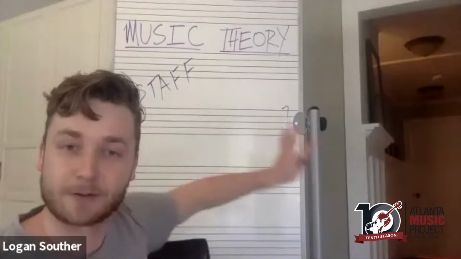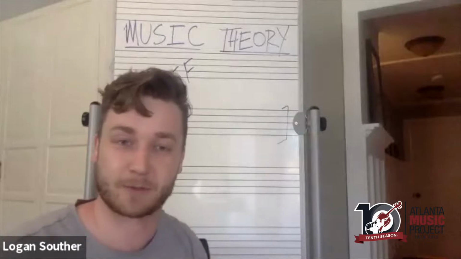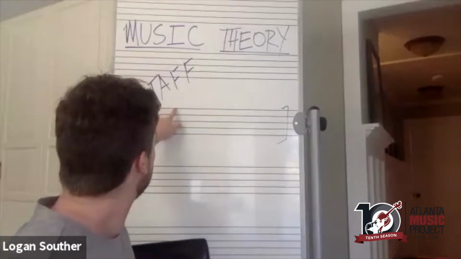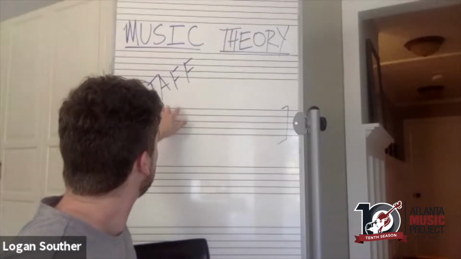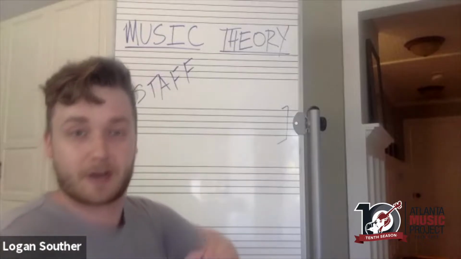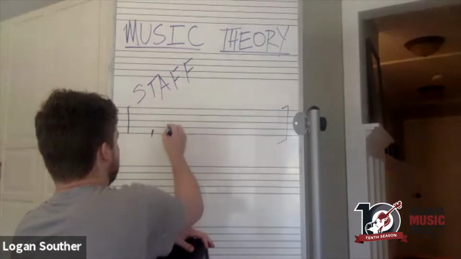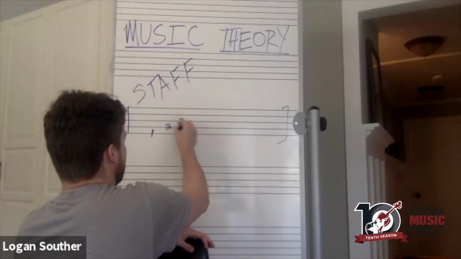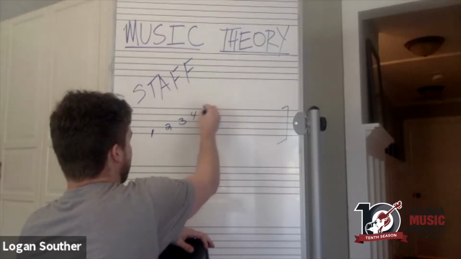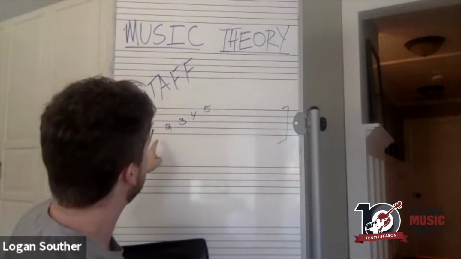Without this, there's no possibility of learning anything about music. The staff is very important. 1, 2, 3, 4, 5, numbering from the bottom to the top. So the first line is the bottom line. So on the staff, we've got 5 lines.